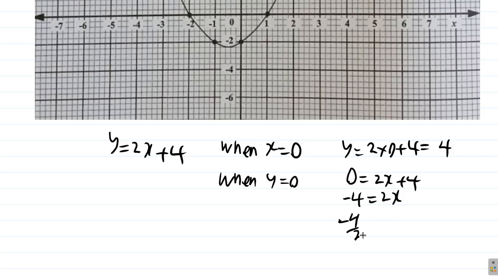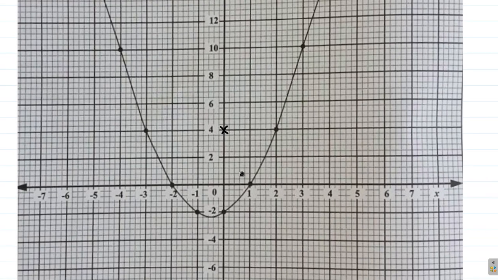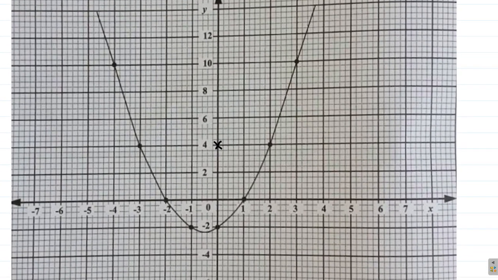Negative 4 over 2 is equal to x, so x would be negative 2. One point was 0, 4. Another point is when x is negative 2, y is 0. So negative 2, 0. That's this point here. Good.